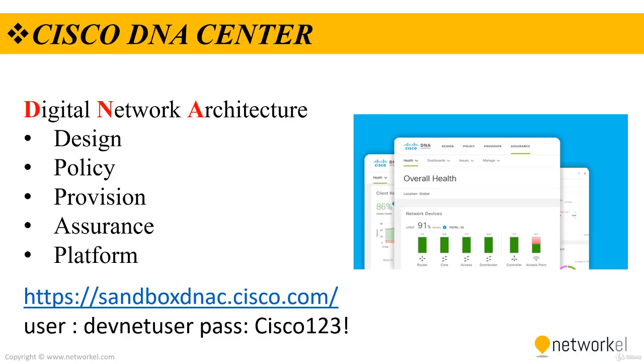Cisco DNA Center also provides assurance and helps us to monitor the health of our network. This is going to help us with troubleshooting surely, and if there are existing faults, we can see what those are, and based on the experiences of Cisco TAC, Cisco DNA Center will give us feedback about what we should do to resolve the issue.